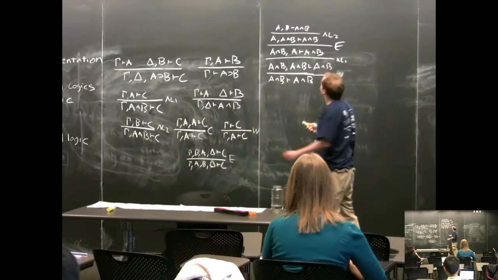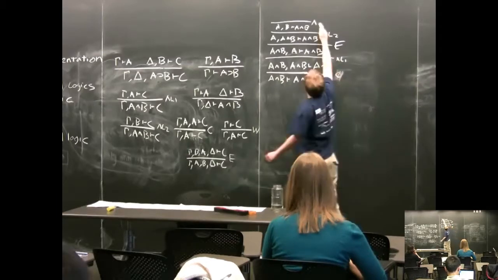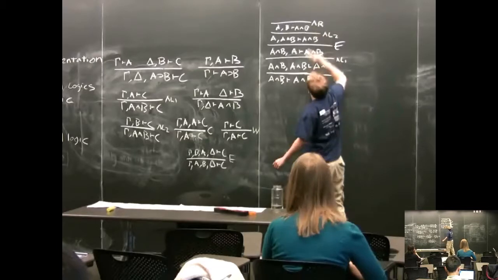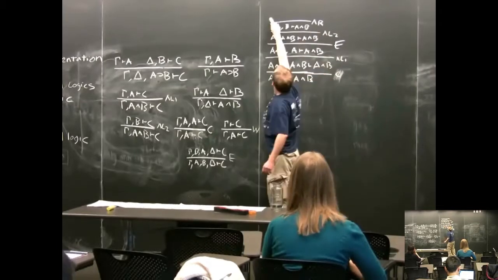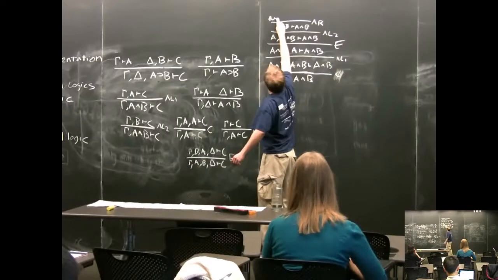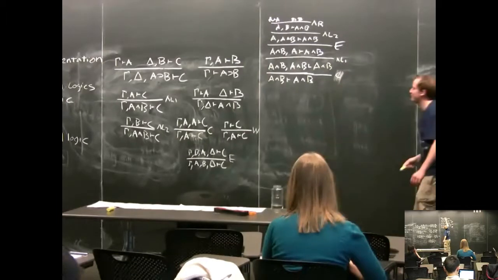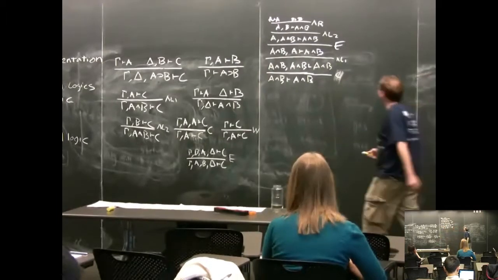And I need to be slightly taller, but now we can apply and right. And the A goes over there and the B goes over there. And we're done. Just barely.